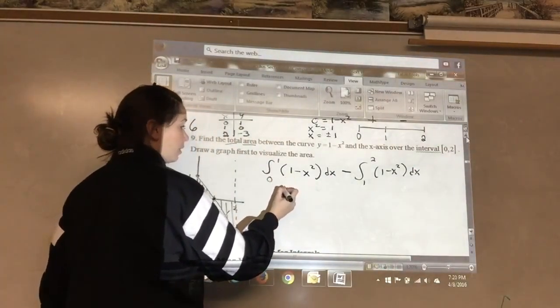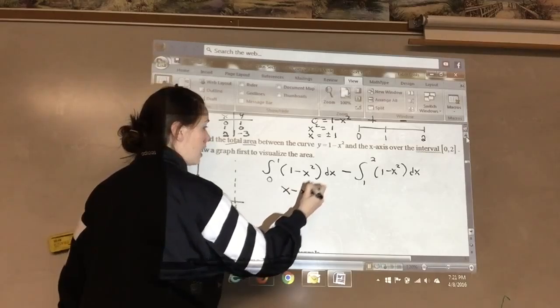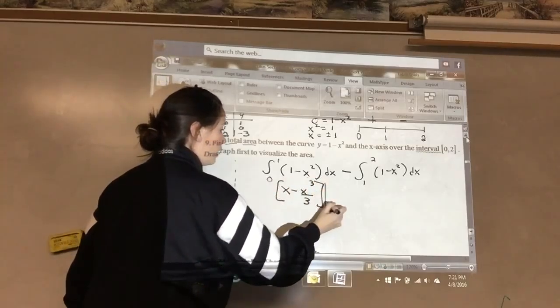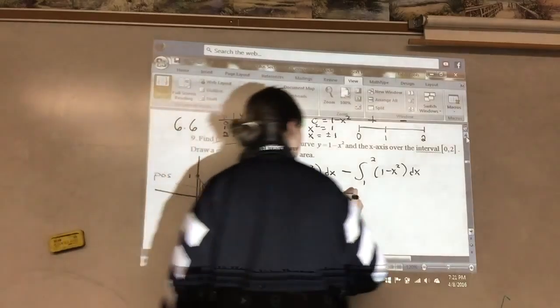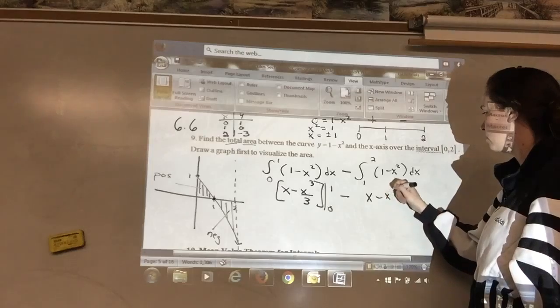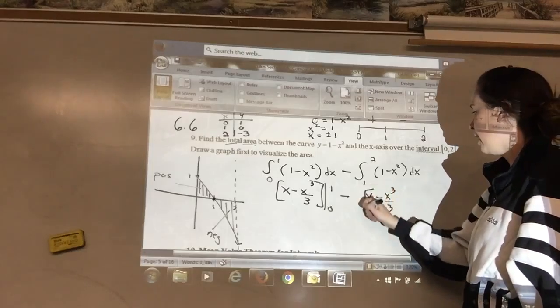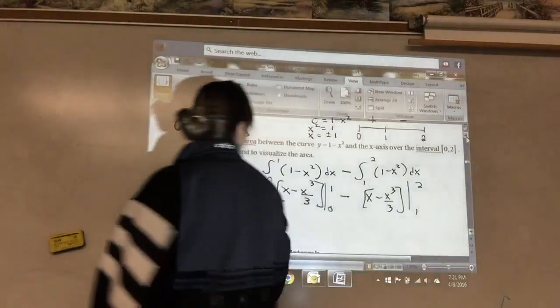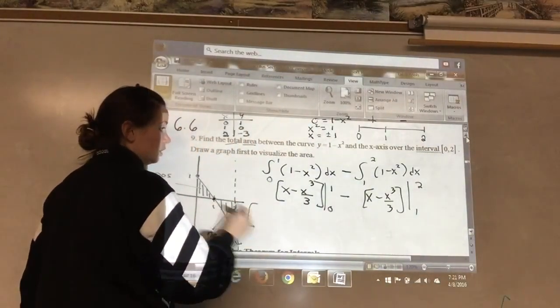I have to integrate, so I'm going to get x minus x to the third over 3. And that's got to be integrated from 0 to 1. Over here, we have x minus x to the third over 3. And that one's going to be integrated from 1 to 2. Okay, here we go again. Just be careful.